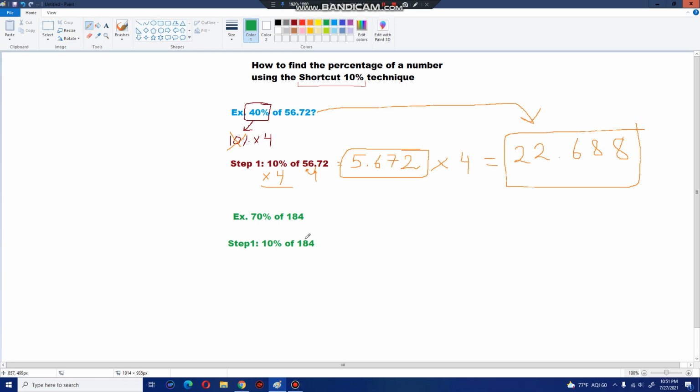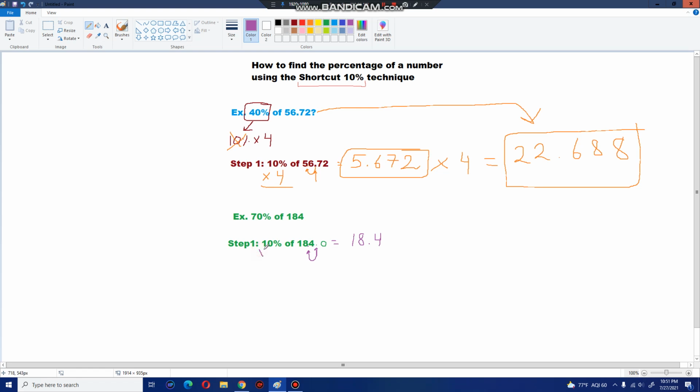So I'm going to turn that 184 into a decimal number. I'm just going to put a decimal point and a 0. And there we go, it turns into a decimal. And now 10%. Start with a decimal point, jump one space to the left, put that decimal point right in between, and 10% of 184 is 18.40 or 18.4. Okay? Now, 10%, how do I make it 70%?